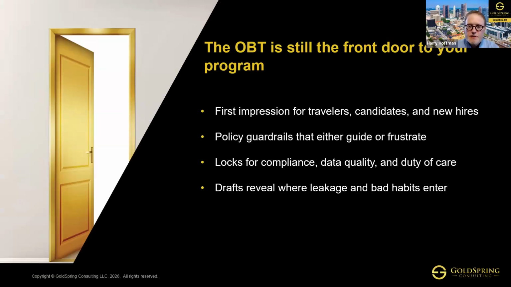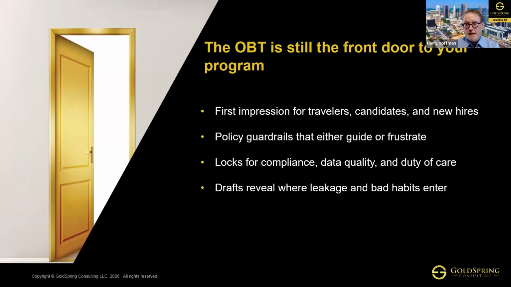That includes your data feeds, your HR feeds, and everything else. When we look at the house, your OBT is really the door to your house. It's your front door. It's the first impression that travelers have, that candidates and new hires have. It has your locks in place to make sure that compliance and data quality and duty of care are there. It's got guardrails to make sure that everybody's protected.